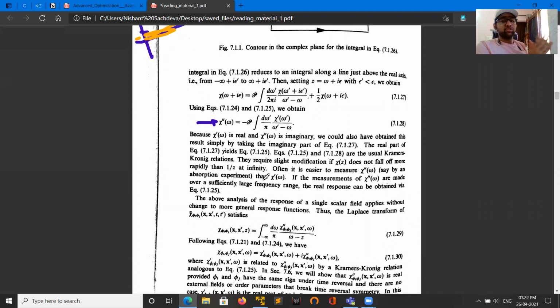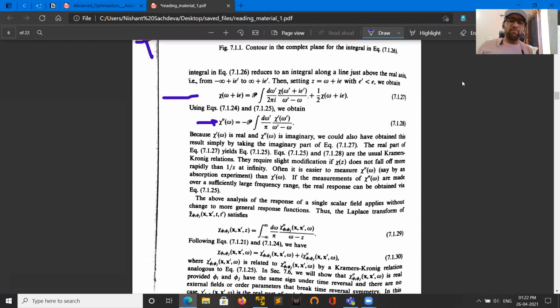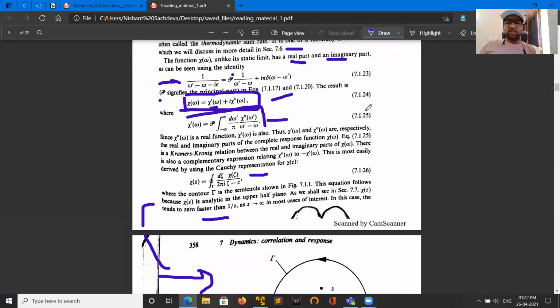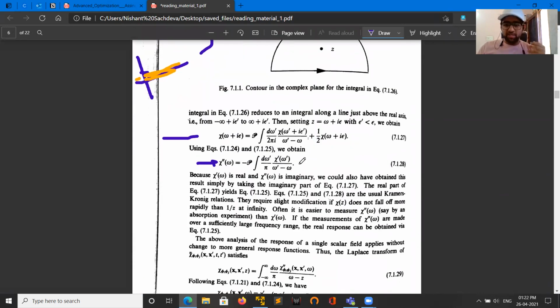Because x dash of omega is real and x double dash is real, we could also have obtained this result simply by taking the imaginary part of this integral. That would have been easier. Now the real part of this integral yields this equation only, basically, just with the opposite sign.